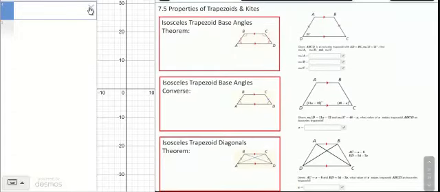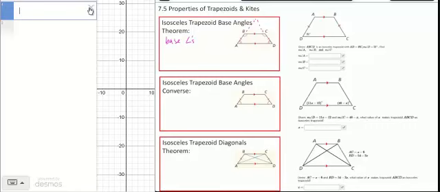First is that their base angles are equal. That should make sense, right? Because if you extend an isosceles trapezoid until the two legs intersect, it would form an isosceles triangle, and the property of an isosceles triangle is that the base angles are equal.